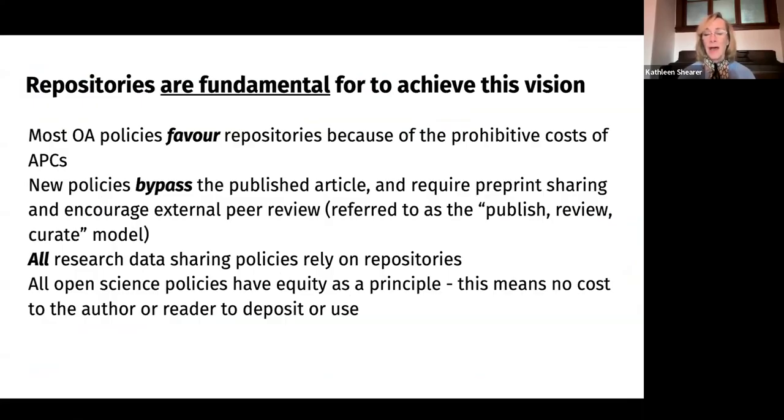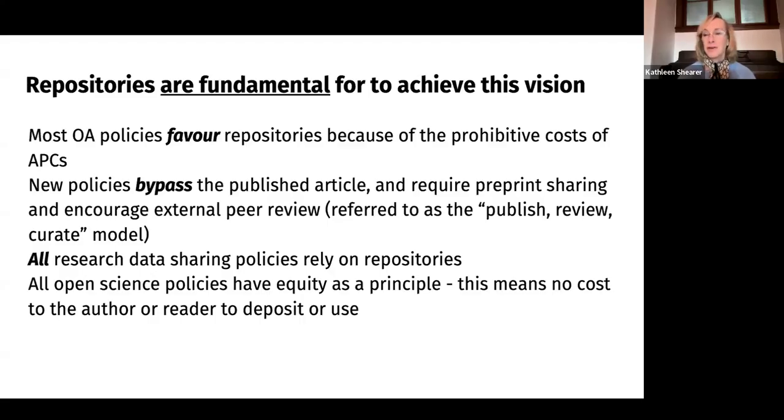And we are at a moment now, actually, where policies are very favorable towards repositories. So in the early days of open access, you will likely recall, there was a big movement to try to flip the scholarly commercial journals by paying them a lot of money.